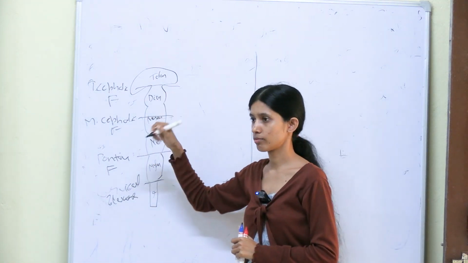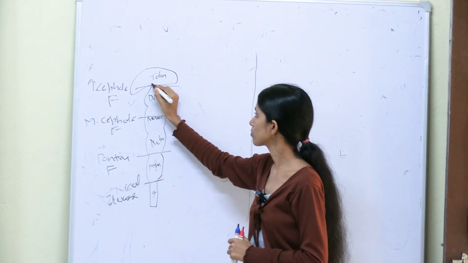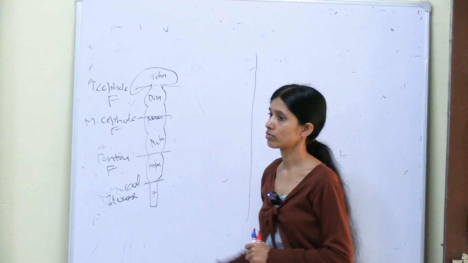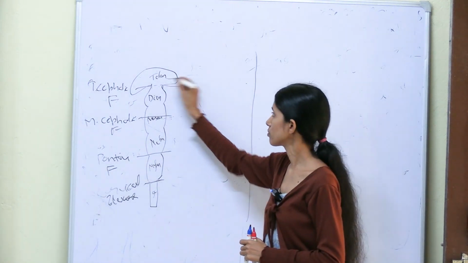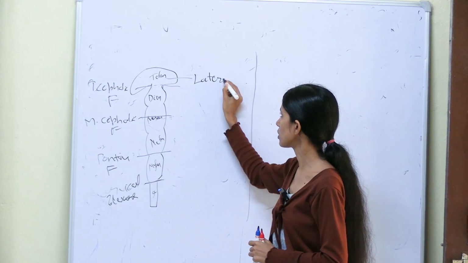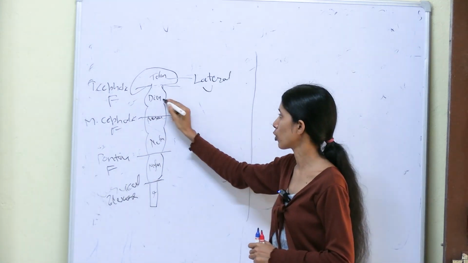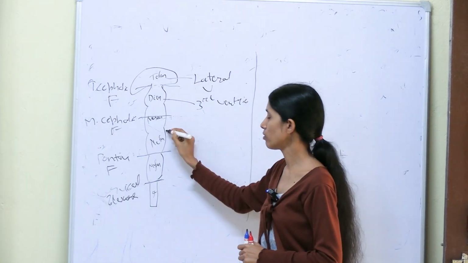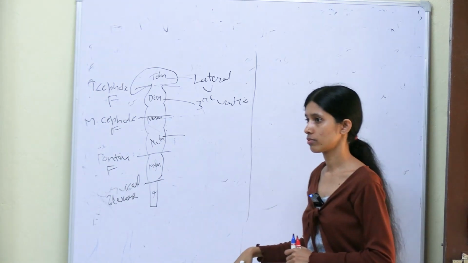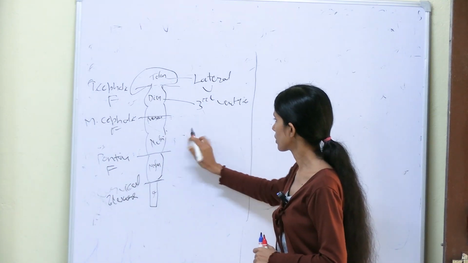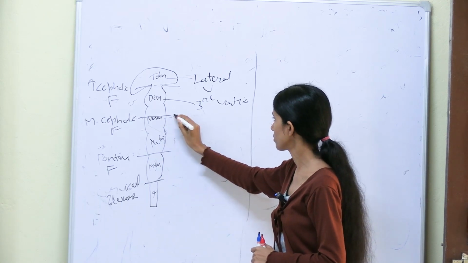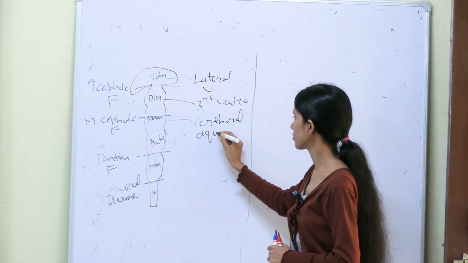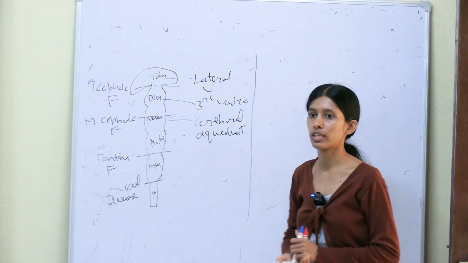First we have the lateral ventricle, then followed by the 3rd ventricle, then we have the aqueduct, that is in the mesencephalon region here, the cerebral aqueduct.